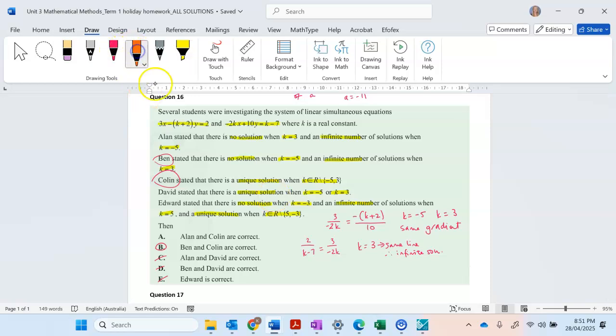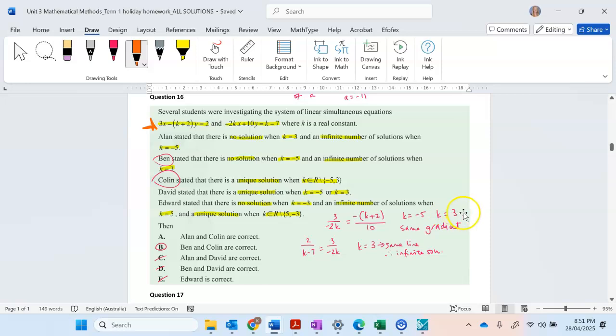We're just going to solve these linear simultaneous equations, or the type of solutions, I should say. We do the ratio of the coefficients, and we get the same gradient when k equals -5 and k equals 3.